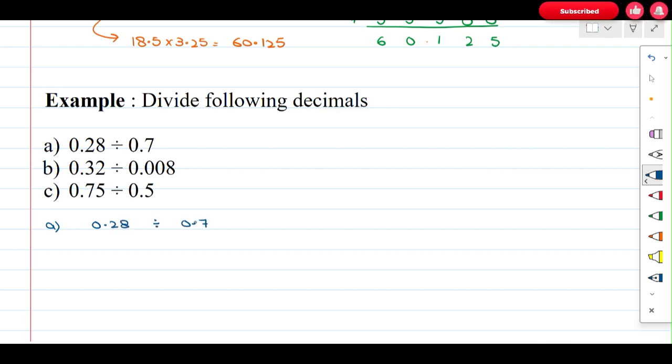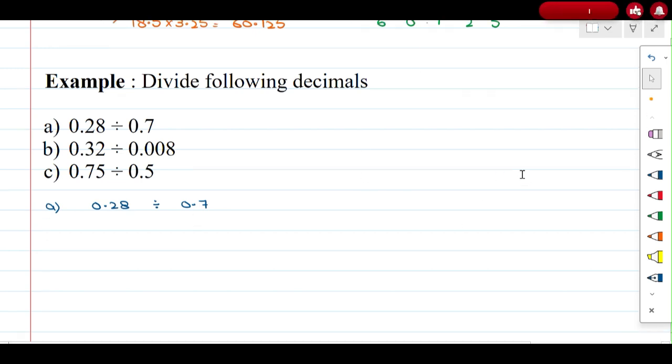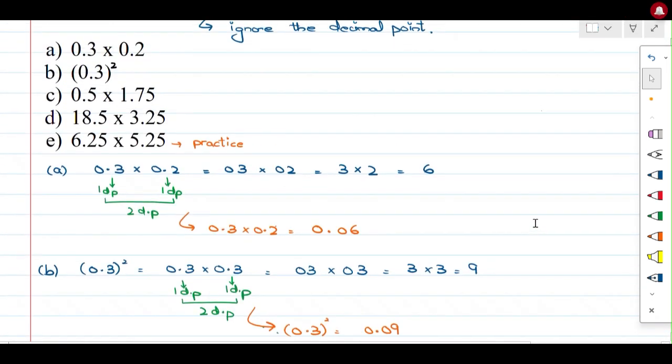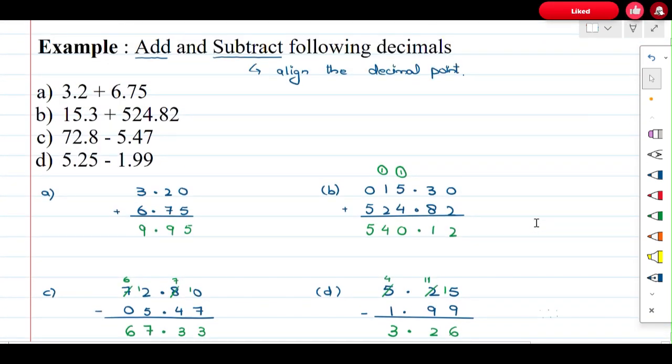So the first thing is to convert the decimal whenever we have a division, right? So the rule for addition and subtraction is we have to align the decimal point. Once we align the decimal point, we can easily get the solution with simple addition and subtraction.